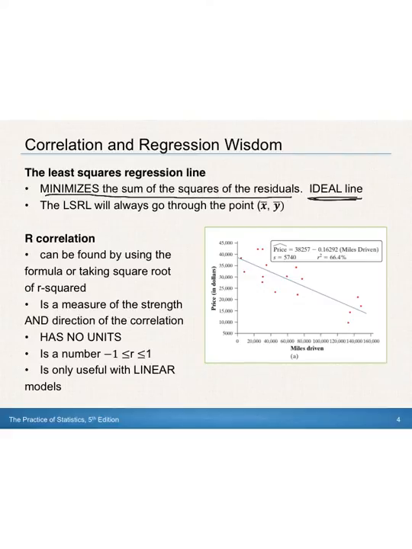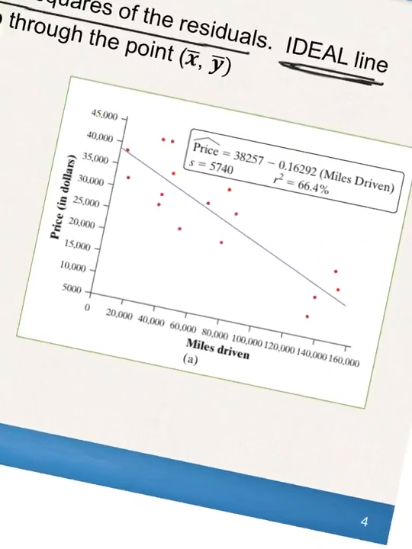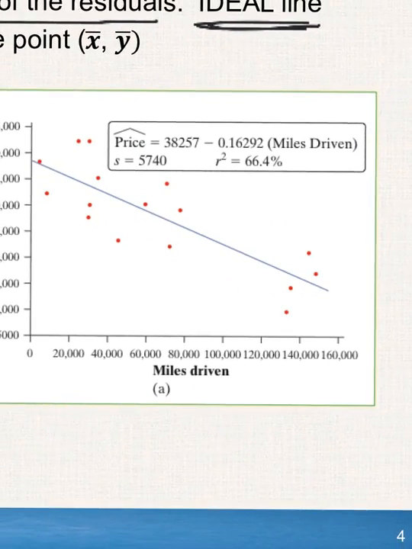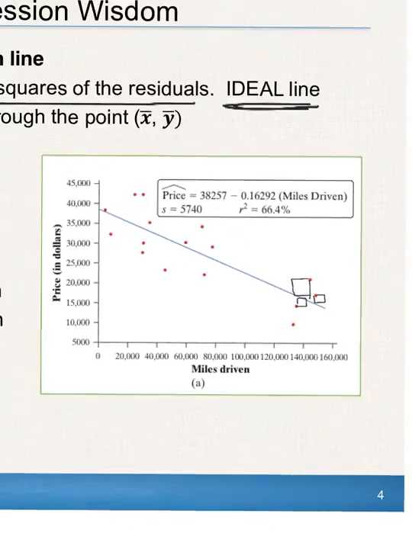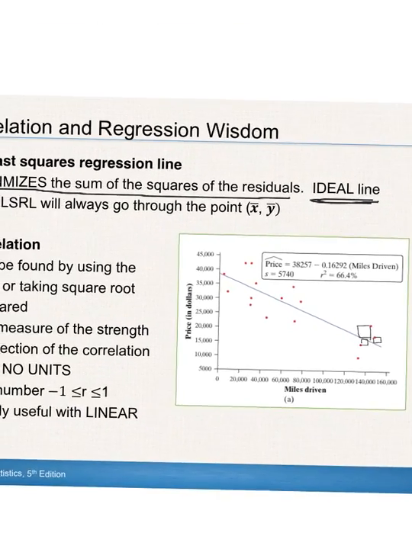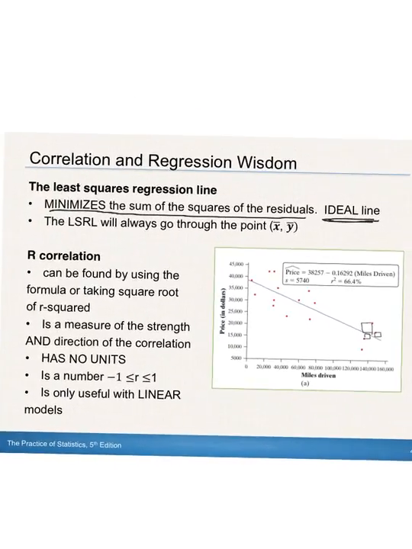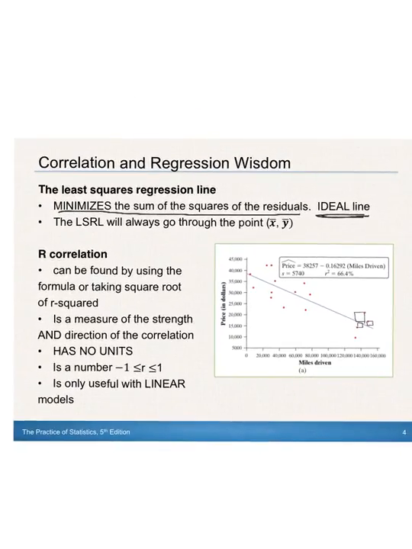So on each residual, we want the sum of the squares of all of these to be as small as possible. And the calculator does that for us, so we don't have to worry about calculating that, but we need to recognize that there is one ideal line, and that is created by the sum of the squares of residuals.